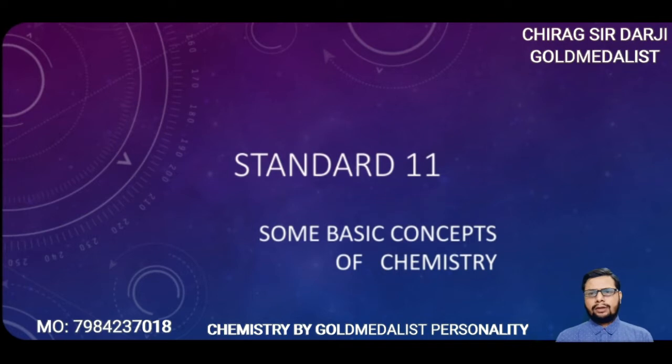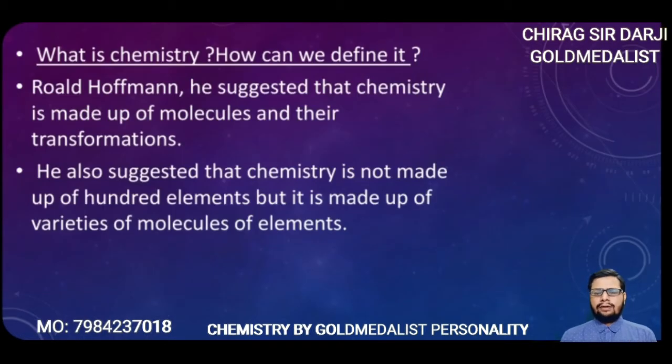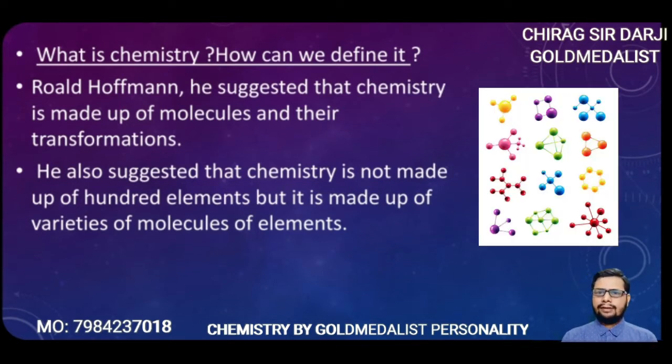Hello students, today we are going to discuss our very basic fundamental chapter, that is, some basic principles of chemistry. Now first of all, we have to be aware of what chemistry is. How can we define chemistry? It is very simple.